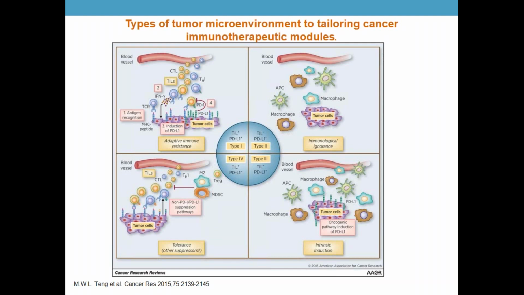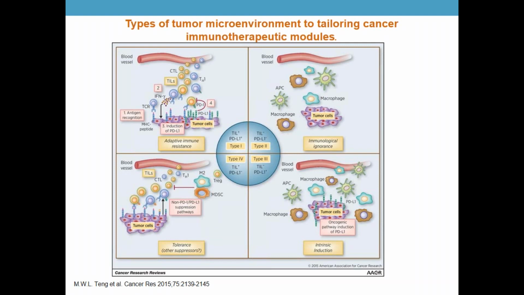So type 1, over in the top left, has a lot of TIL, and you also have a high expression of PD-L1. And this is when you have adaptive immune resistance. In other words, you have a lot of PD-L1 because you had a lot of infiltrating T-cell lymphocytes with the counteracting expression of PD-L1.